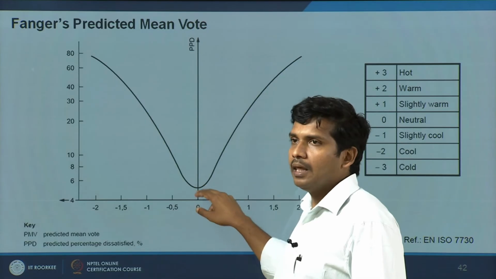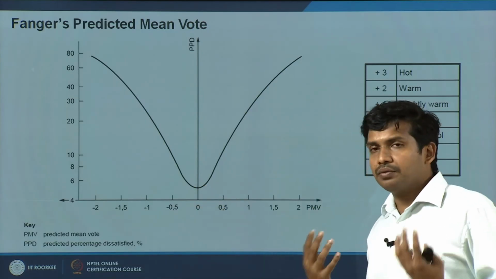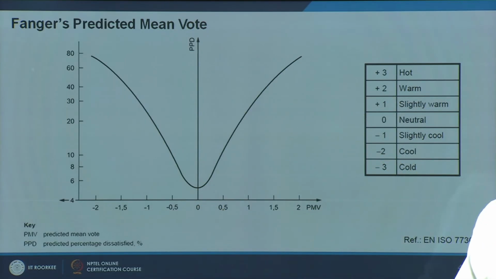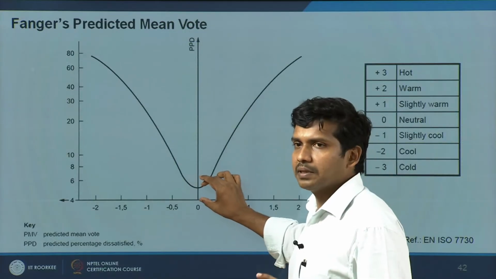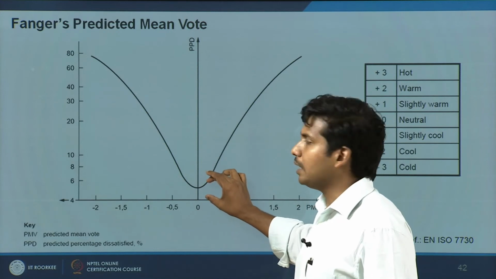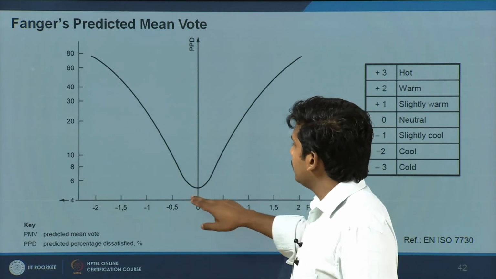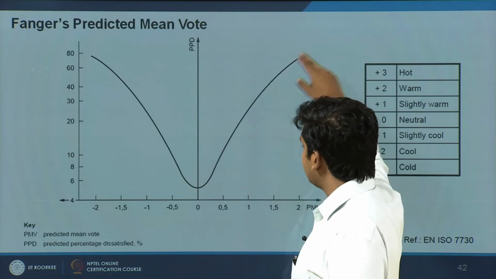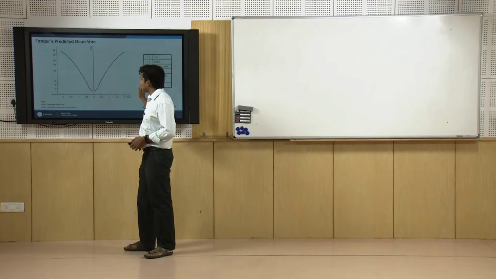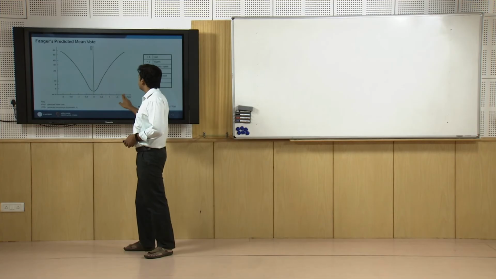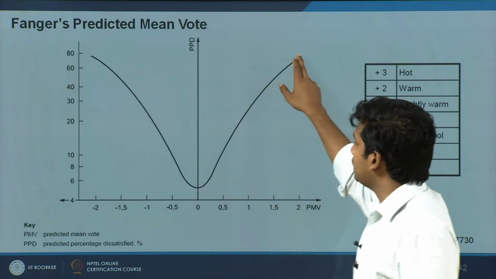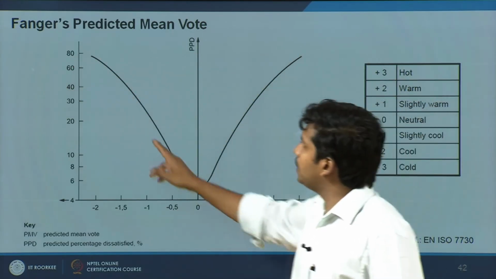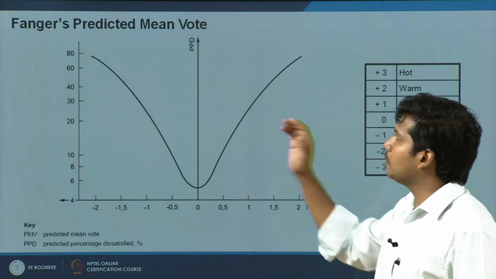Even in ideal conditions, when all environmental and personal variables are amicable, about 5 out of 100 people would still feel uncomfortable. Beyond that, the curve increases as the predicted mean vote goes from 0 to 1, 1 to 2, or 2 to 3. At around 2, the percentage of people dissatisfied will be 80%, and further it will go up. Similarly on the negative, colder side.